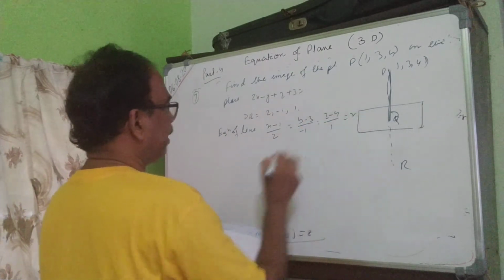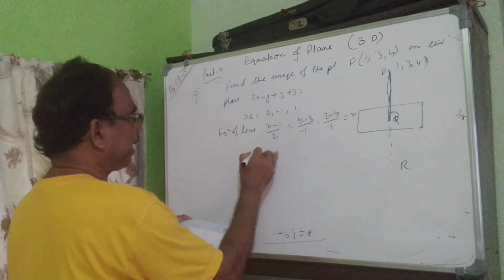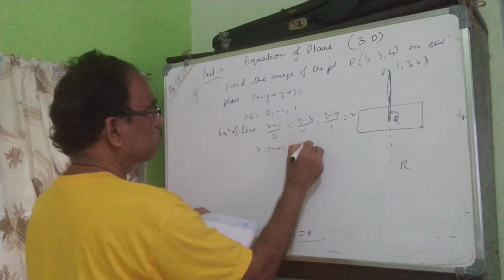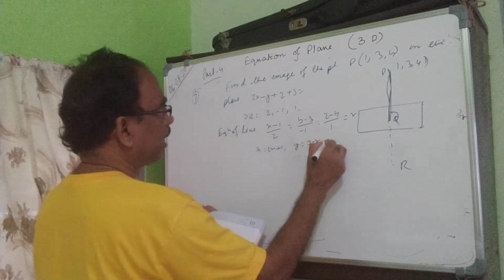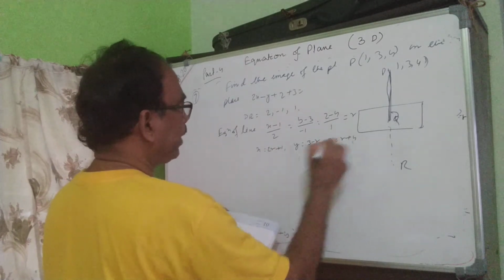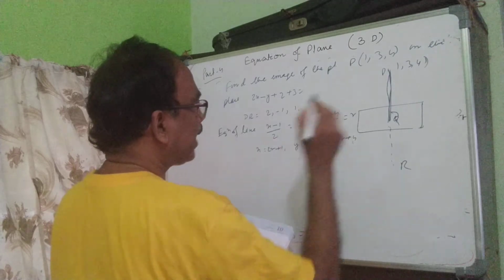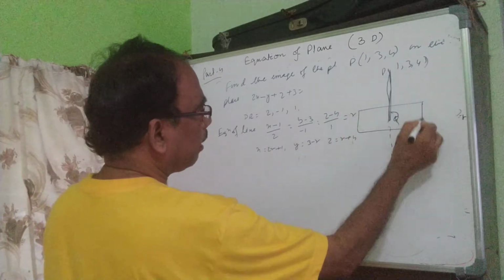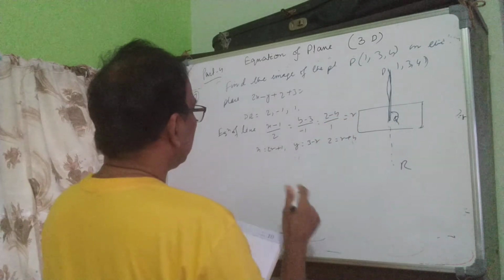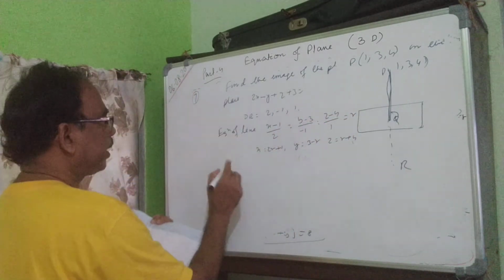Let this be r. Any point on this line is x = 2r + 1, y = 3 - r, and z = r + 4. As this line passes through the plane, this point will satisfy this equation.